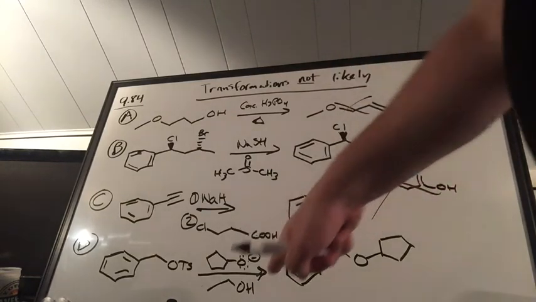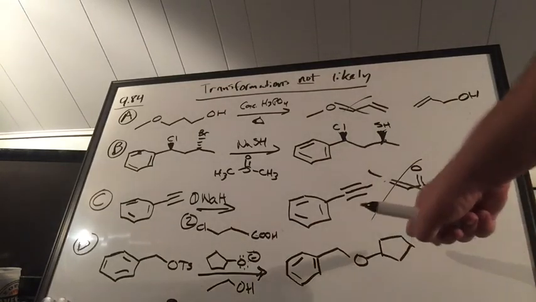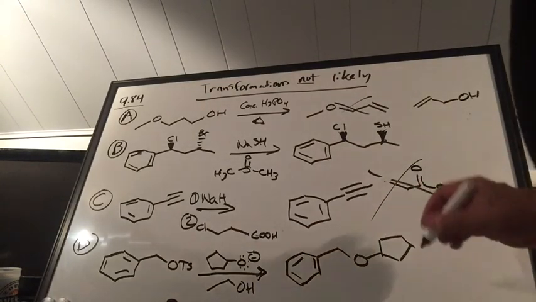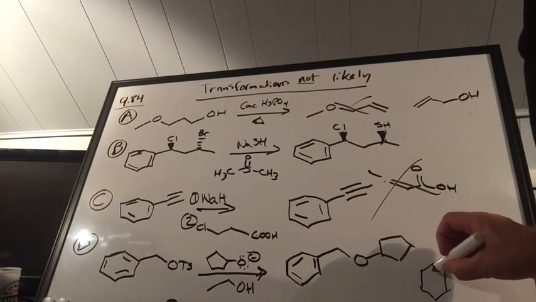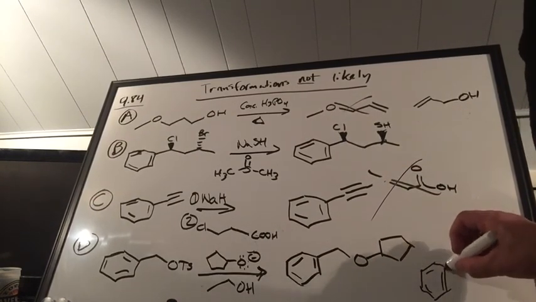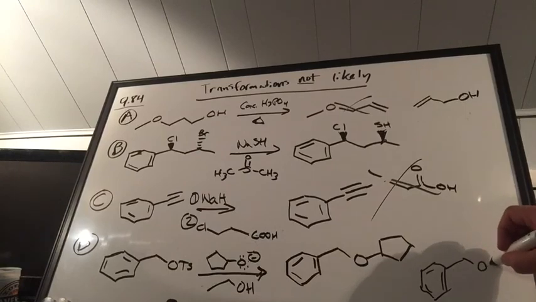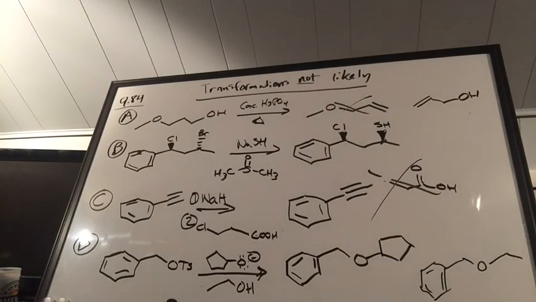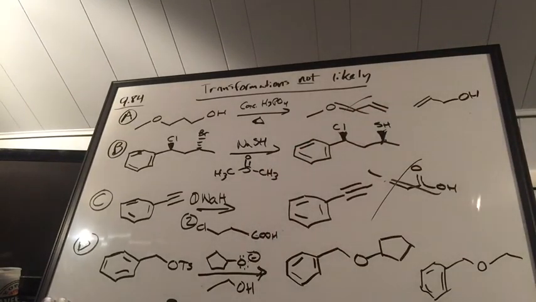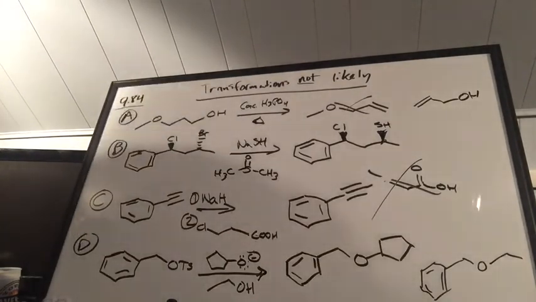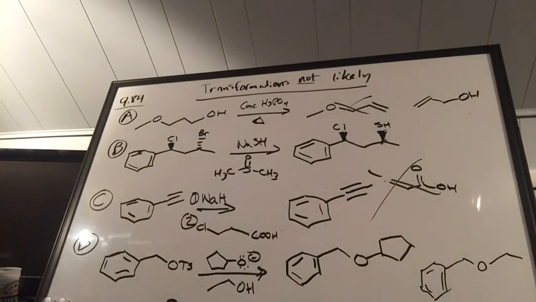So you're going to have some of this, you may have very little of this form, and maybe a lot more of this particular compound form instead. So that's a complication that would arise. Typically, if you're going to use something like that and you're going to do it under protic conditions, you would want to have the conjugate acid of that particular anion there.